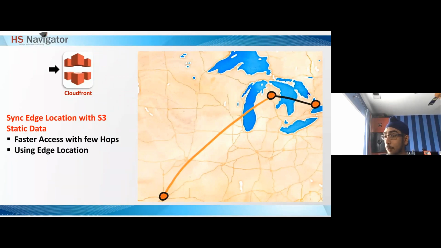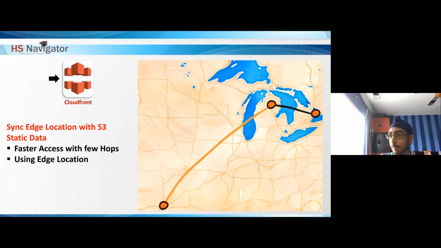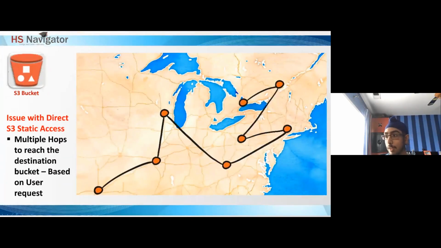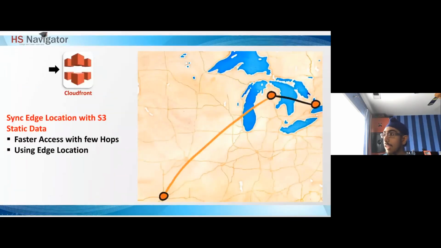When a user from the Midwest wants that data, instead of hopping from here to here to here to get the request, they can just request the information, and it goes from me to an edge location, and then from the edge location directly to them. So it's faster access, with much fewer hops and much less time for the request to travel, and it's really fast across the globe.